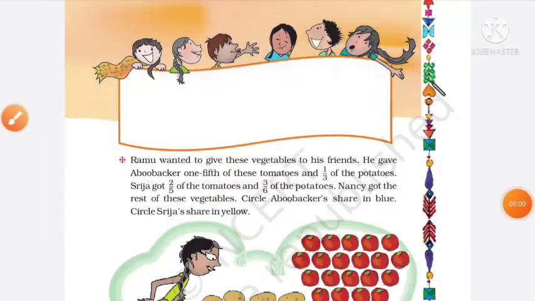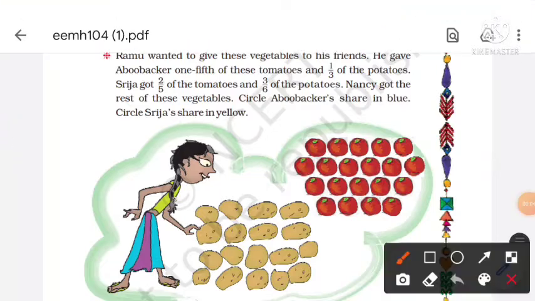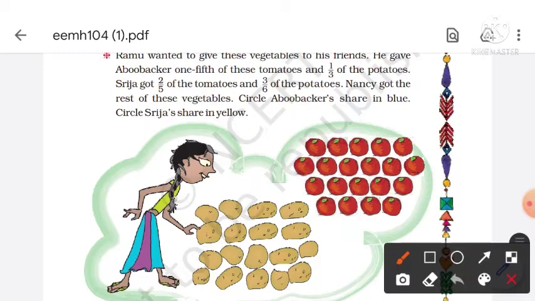Okay, now we are going to the next part. Here you can see Ramu wanted to give these vegetables to his friends. He gave Abu Bakr 1/5 of the tomatoes, as you see here, and 1/3 of the potatoes.